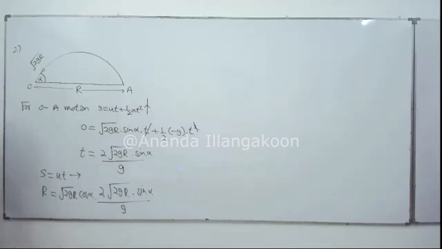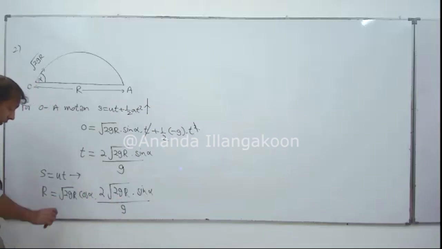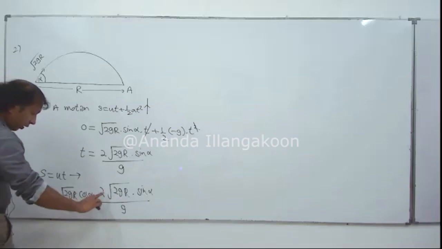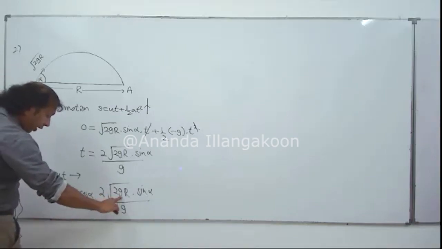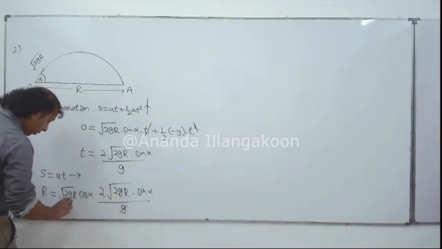This is how we think, people, in this case. Here root g, here also root g. Root g times root g gives g. The numerator g we can cancel down with this g. Then this we can cancel down like this.